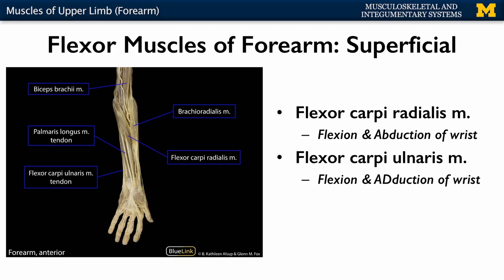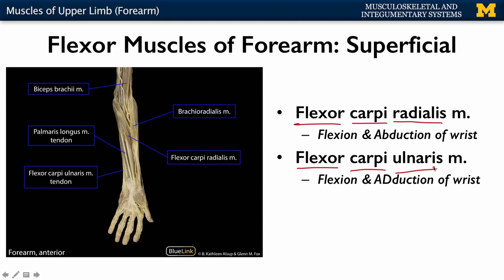So let's talk about the superficial compartment. The two main muscles that I want you to know are your flexor carpi radialis and your flexor carpi ulnaris. And these muscles are very fortunately named. Flexor, we know they're going to play a role in terms of flexion. Carpi means wrist, so they're going to flex the wrist. And then radialis and ulnaris are telling you on which side they are.